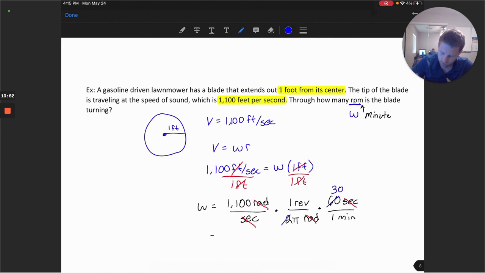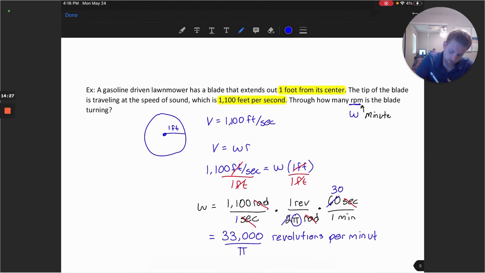And when we calculate this omega, we'll have 33,000 divided by pi, with revolutions per minute left as our units.